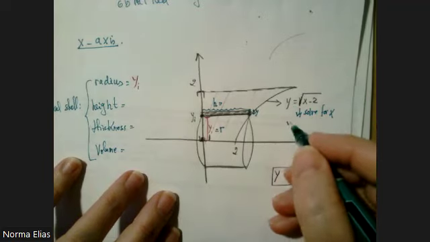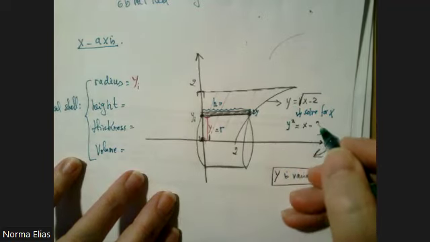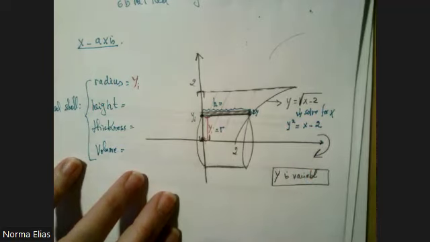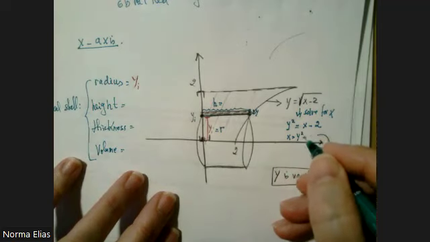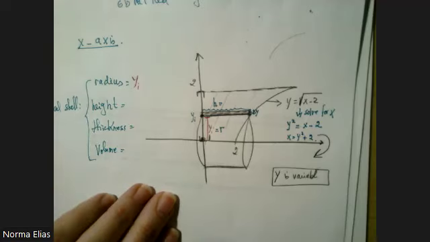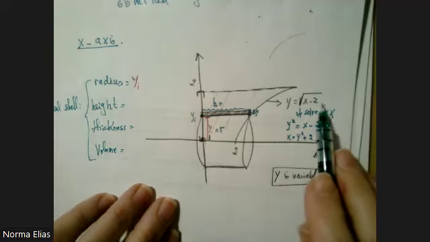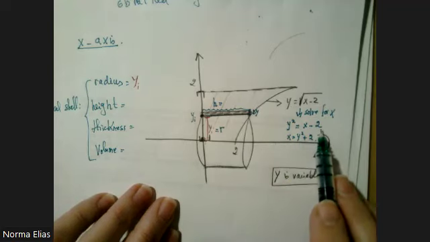I square this, I get y squared equal x minus 2. It means x is y squared plus 2, right? Why is everybody getting something different? Am I goofing? If I square both sides, I get y squared is x minus 2.